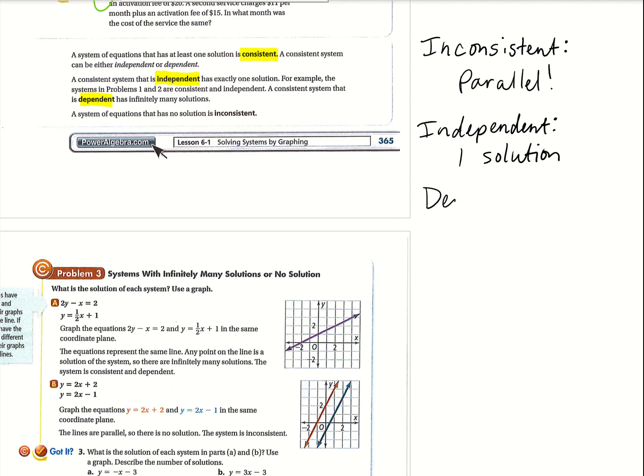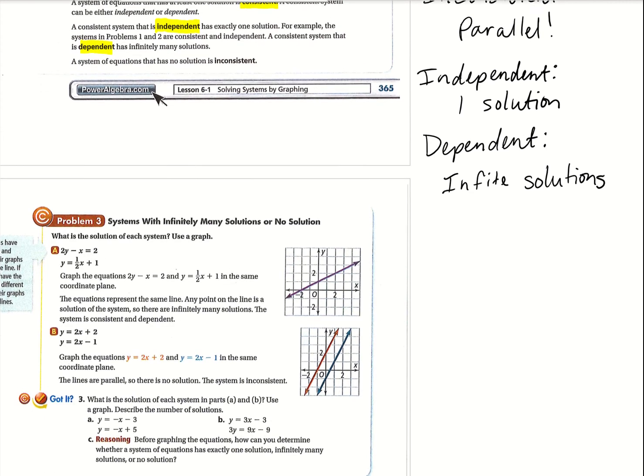Whereas a dependent system of equations, if it's linear, which is what we're dealing with, we're only dealing with linear systems of equations, this means they're going to be the same line, so they'll have infinitely many solutions. So yeah, that's basically the idea on that.